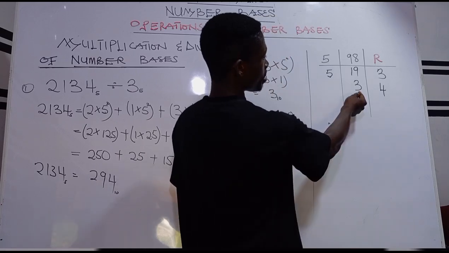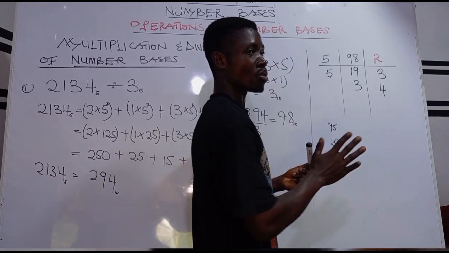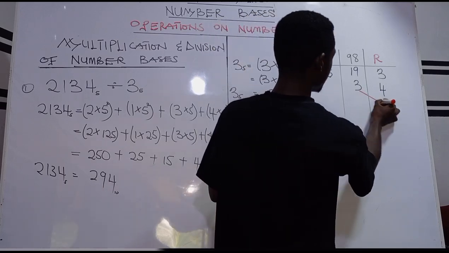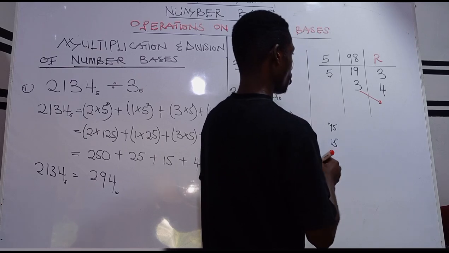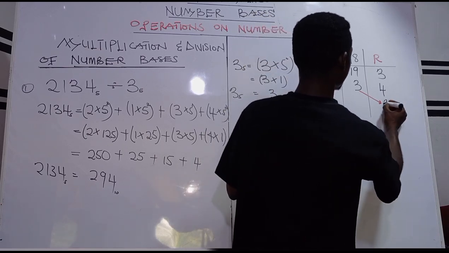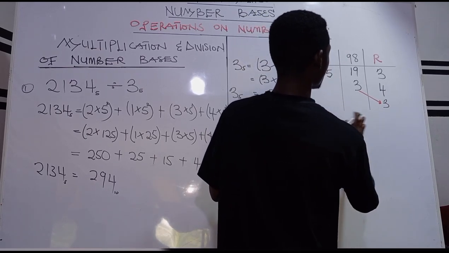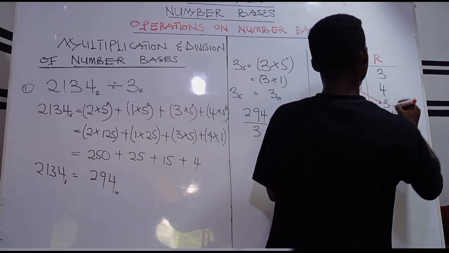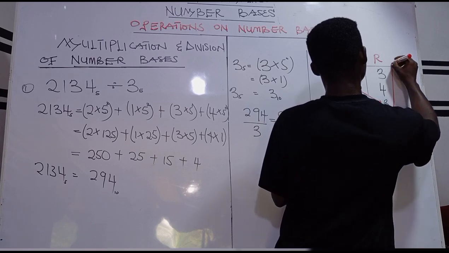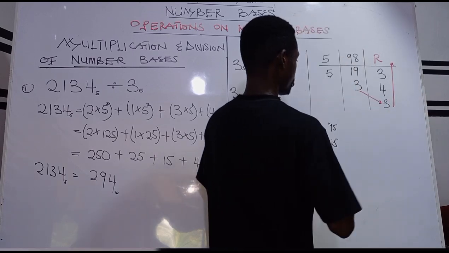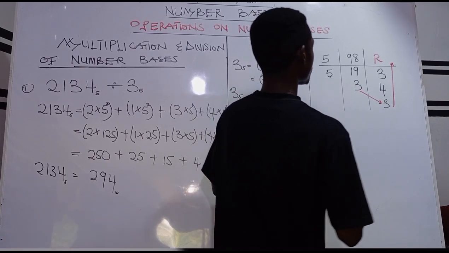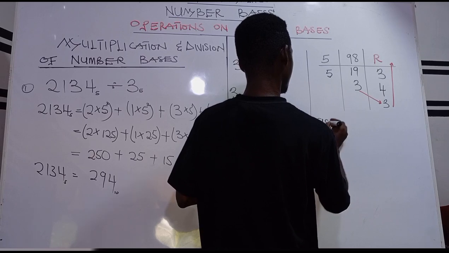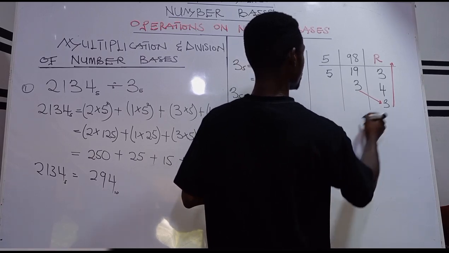Now realize that the number here is less than the divisor, and therefore we can't continue with our division. So we just bring the last digit here to the remainder column. And then we start reading from the bottom to the top. Good. So we can see that our 98 base 10 is equal to what?